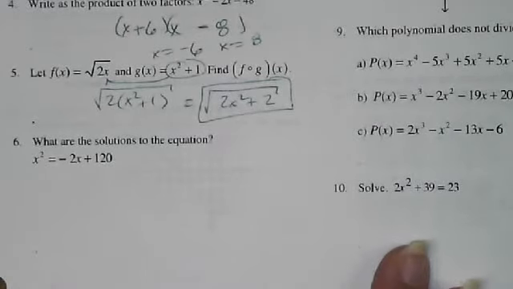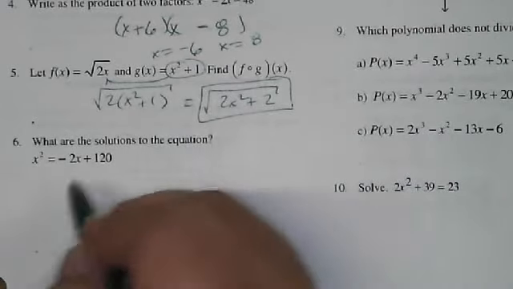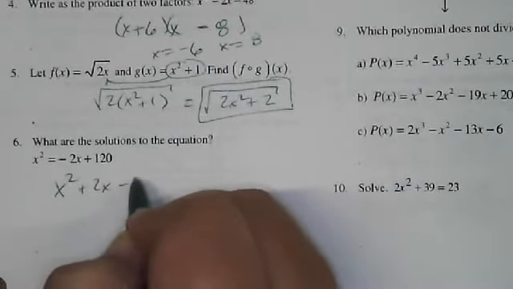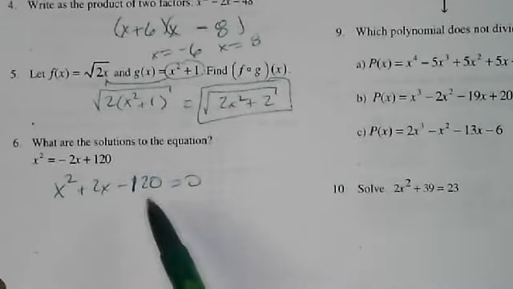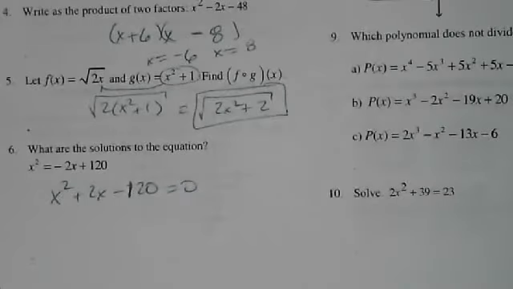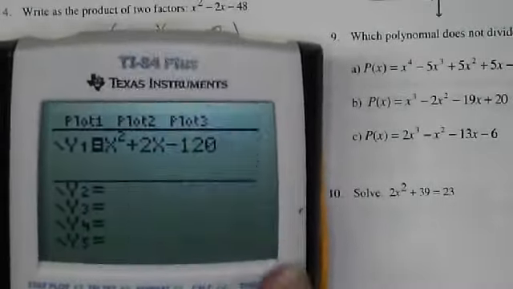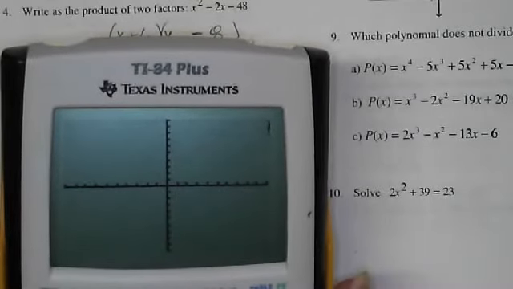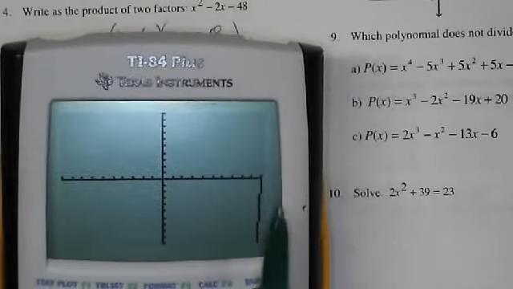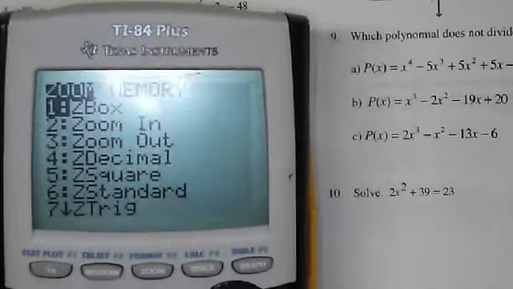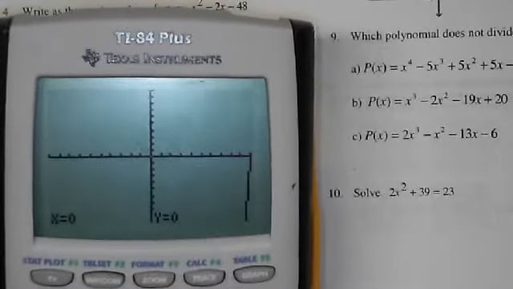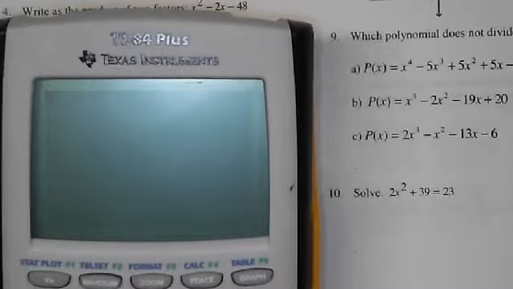Alright, number 6. What are the solutions to the equation? First of all, everything has to be on the left side. X squared plus 2x minus 120. And again, you can do the math yourself, or you can plug it into your calculator. X squared plus 2x minus 120. Put in the calculator, hit graph. And your two solutions are, oh, there's one way over here. Alright, you can always zoom out. Oh, sorry.